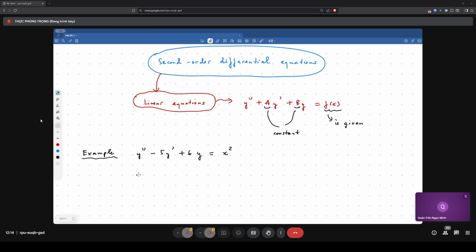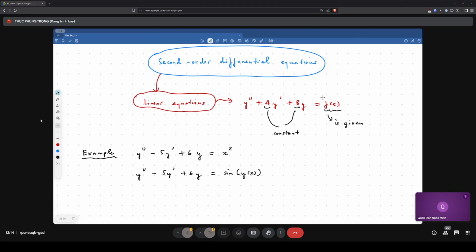Or you may look at this one, but the right-hand side, you have something like this, you know. This is not a linear equation. In linear equations, we are considering right here, the right-hand side is a given function, f of s.